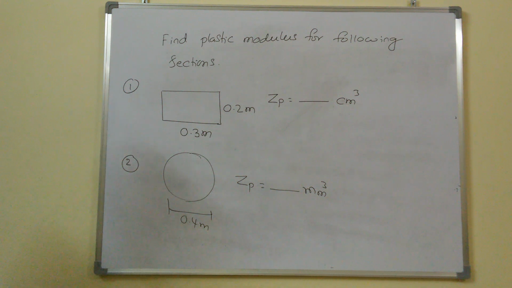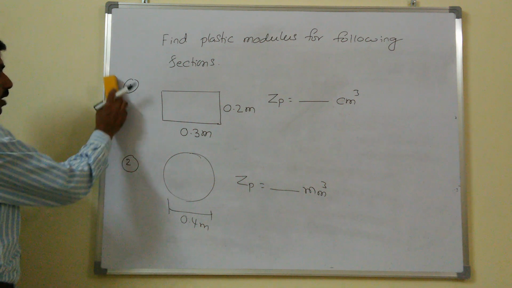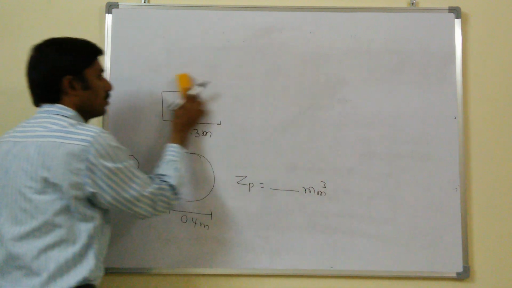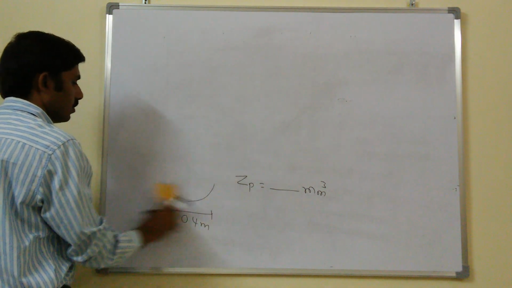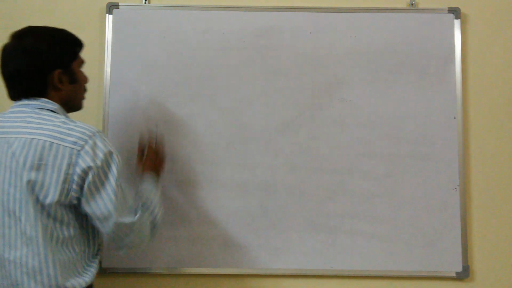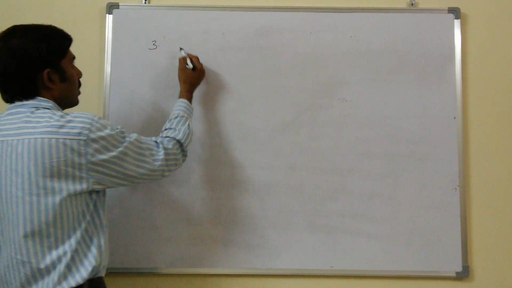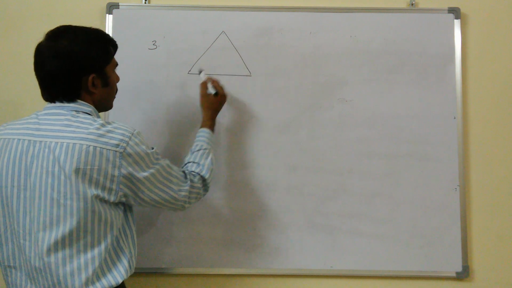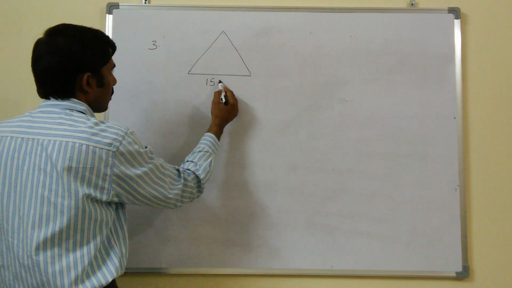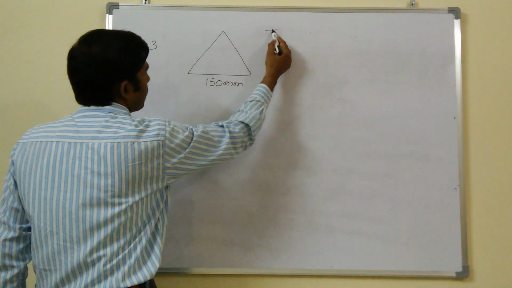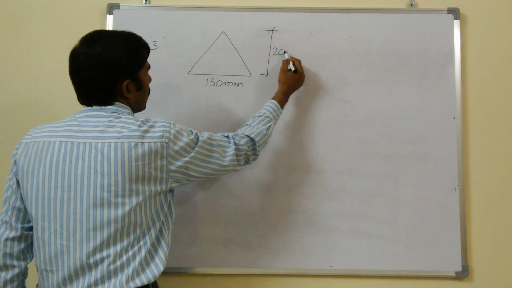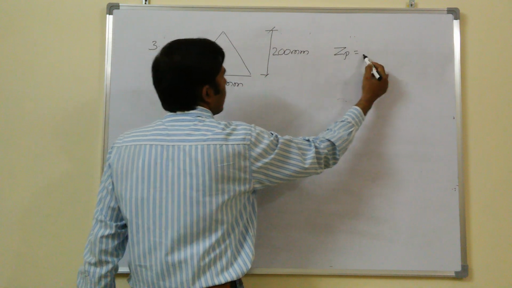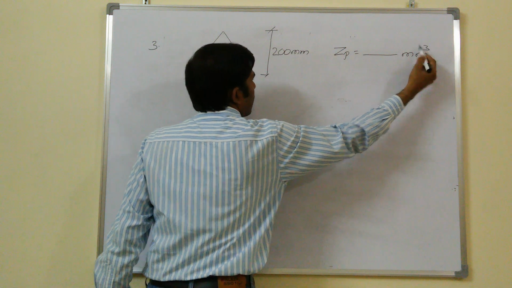Third one. Note down the third one. Triangle of 150 mm by 200 mm. ZP equals dash mm cube.